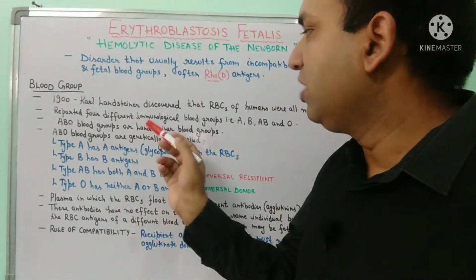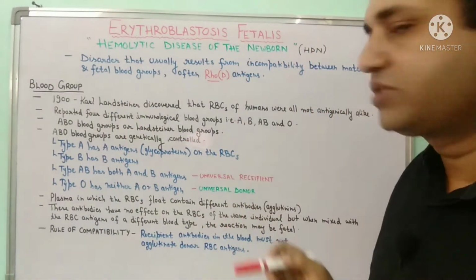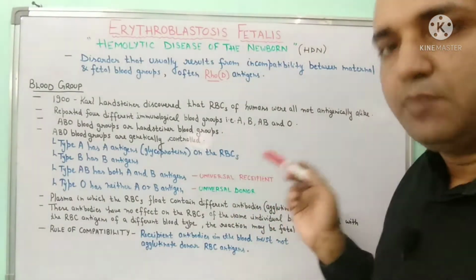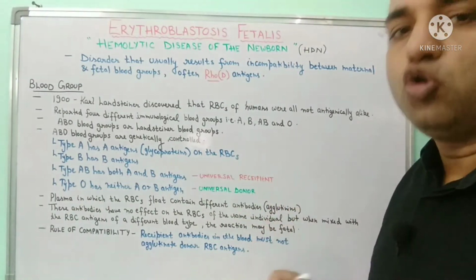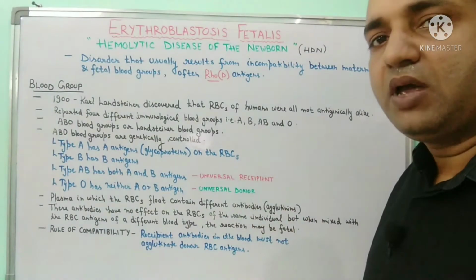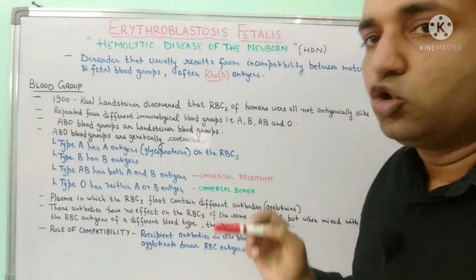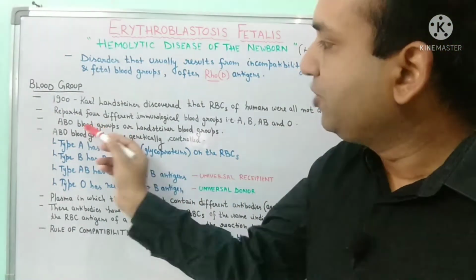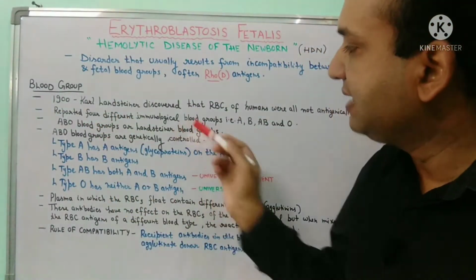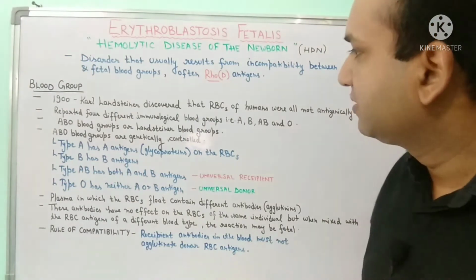Landsteiner reported 4 different immunological blood groups, that is the A blood group, the B blood group, the AB blood group and the O blood group. These blood groups were known as the ABO blood groups or Landsteiner blood groups.